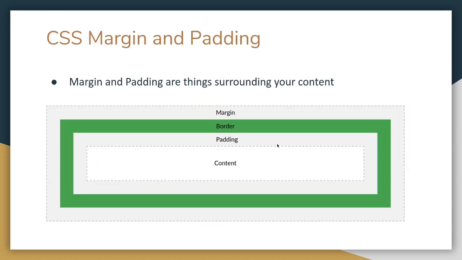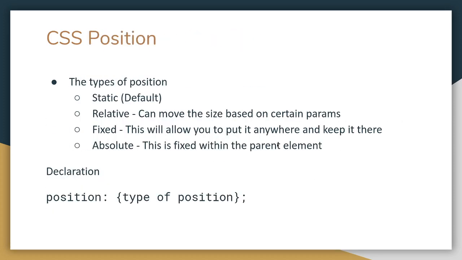So CSS Position, there's 4 different types. There's the static, which is basically your default, relative, which is based off of certain params of moving it around, fixed, where it's allowed to be put anywhere on the page and basically kept there, and absolute. This is basically fixed within a parent element.